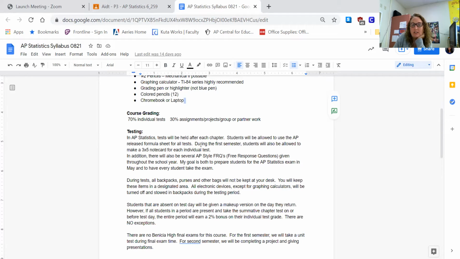Very important that they know they can make a 3x5 note card for each test during the first semester and not during the second semester, because by that point, we will have enough information for this formula sheet to be useful on their tests. They don't really know enough first semester for that to be super useful, but second semester it will be.